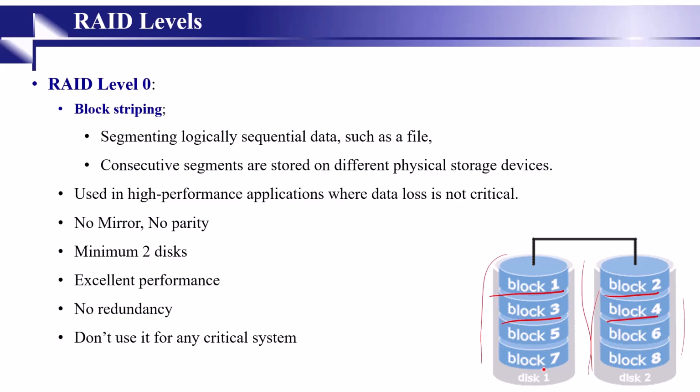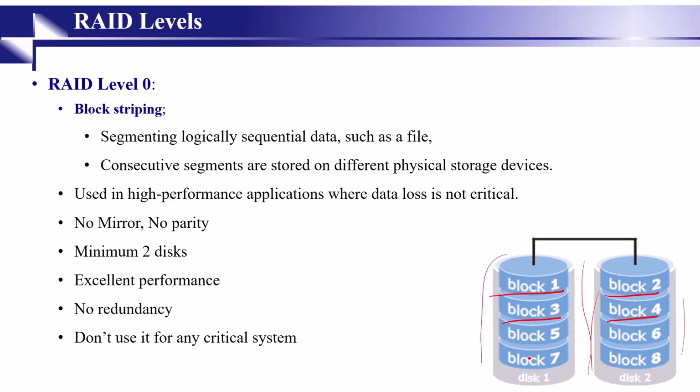And so on. Odd blocks on one disk and even blocks on another disk. Think of it as dividing up the workload for faster access. It needs at least two disks and delivers excellent performance, making it great for high-speed applications.